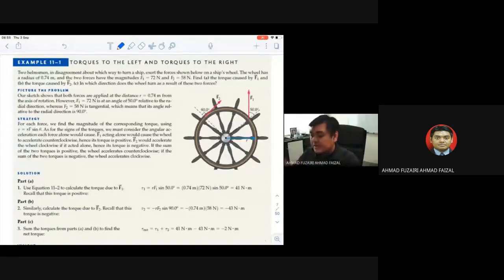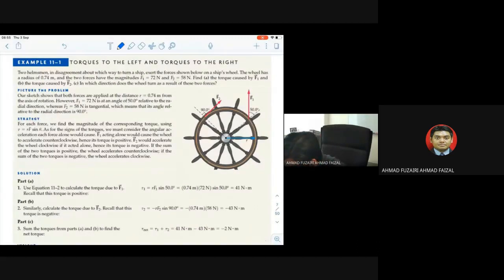Kan, dia boleh pusing, kalau buat rotational pun dia boleh pusing, dan sama juga dia boleh pusing ke kiri ke kanan. It's either in the clockwise or counterclockwise positions. As the force shown below on the ship wheel. Okay, the wheel has a radius 0.74. Look at the terms used in these questions. Okay, it used a radius.